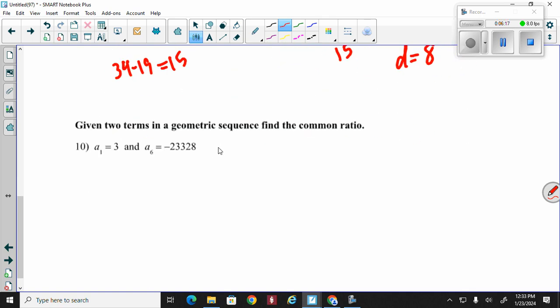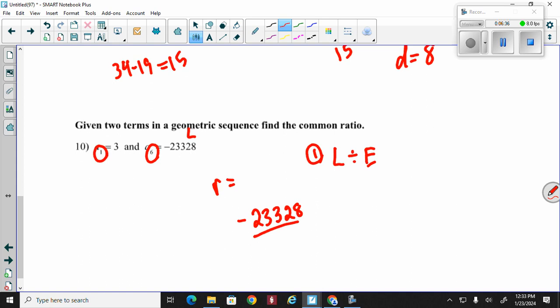All right, so again, same concept. We're trying to find our r. So the first step is to take the later term and divide it by the earlier term. All right, remember, this is your sixth term. This is your first term. This is the later term. So that's going to be negative 23,328. We're going to divide that by 3. And we have negative 7,776.